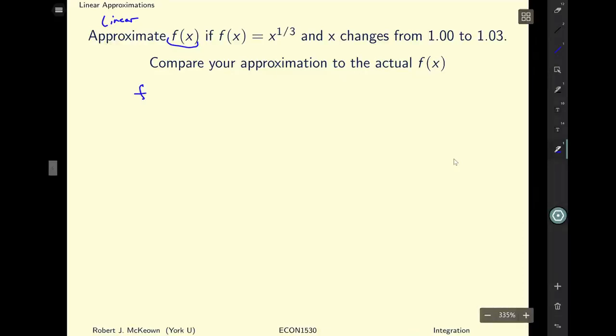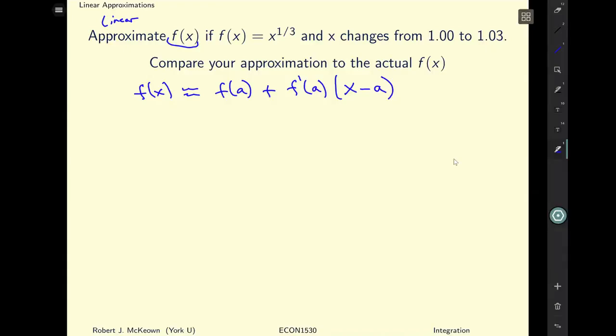So we know that f of x is approximately equal to f of a, the point that's easy to calculate, or a point that we know, plus the derivative f prime of a, so that's the slope of the tangent line at point x equals a, multiplied by the change in x, which is x minus a. So that's the notation that we're using.